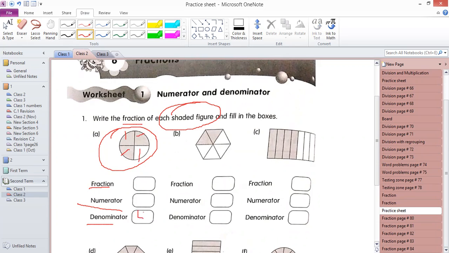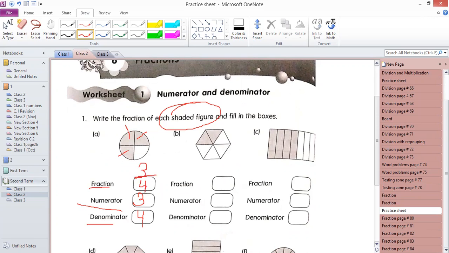So the denominator is 4. Now, because I have to write a fraction for the shaded figure, I will see how many parts are shaded out of 4. 1, 2, and 3. 3 parts are shaded. So the numerator will be 3. And how to write a fraction? Write numerator up, denominator down. 3/4.